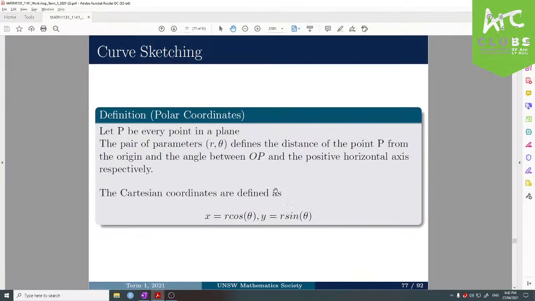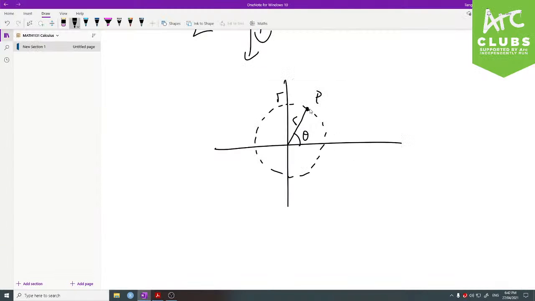The parametrization of the polar coordinates in terms of Cartesian coordinates is x equals r cos theta and y equals r sine theta. We get this by looking at the horizontal and vertical components of the point. If we draw the right angle triangle, the x component is r cos theta, because cos theta is adjacent over hypotenuse.